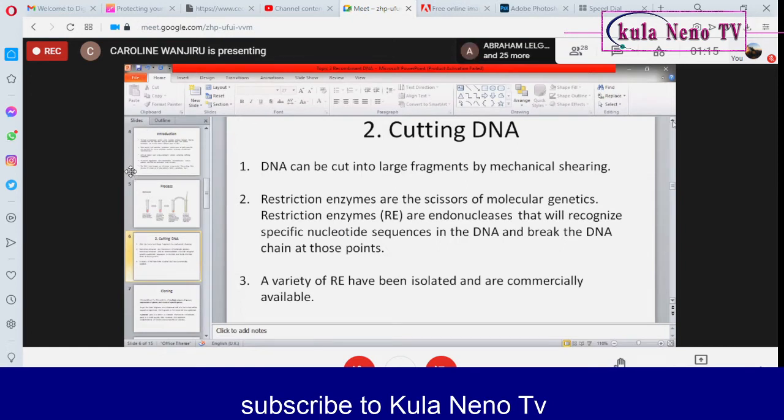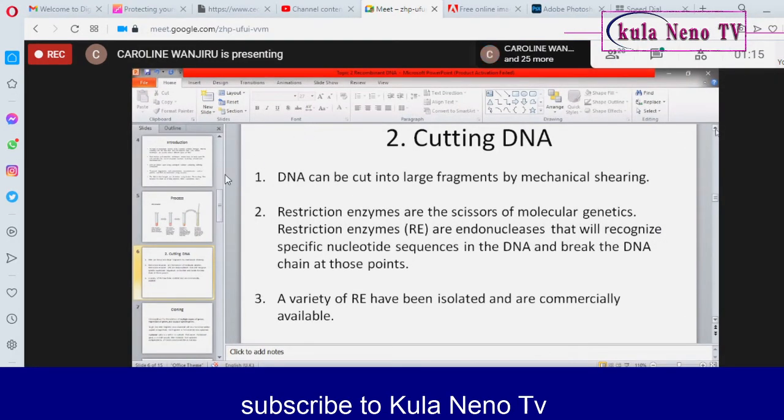So in molecular genetics, once you want to cut something, go for your restriction enzymes. Those are your scissors. Restriction enzymes, or RE, are endonucleases that recognize a specific nucleotide sequence in DNA and break the DNA chains at those points.